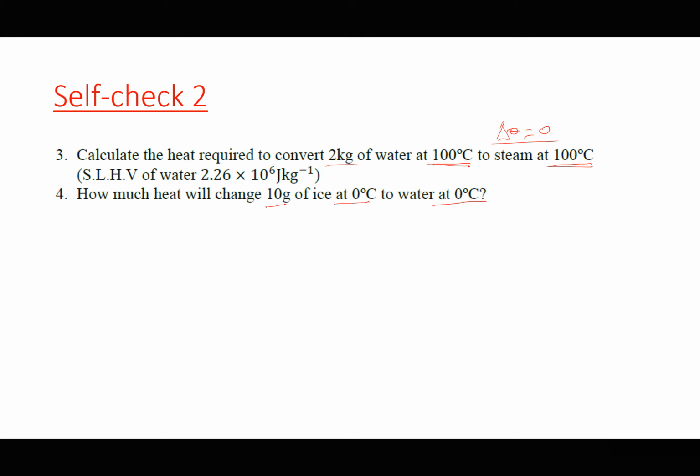Okay, can we determine the specific latent heat of fusion? Let us see. So determining a specific latent heat of fusion, we are going to use almost the same apparatus that we used in specific heat capacity. Fortunately, here now when we are dealing with fusion, it must be a solid melting.